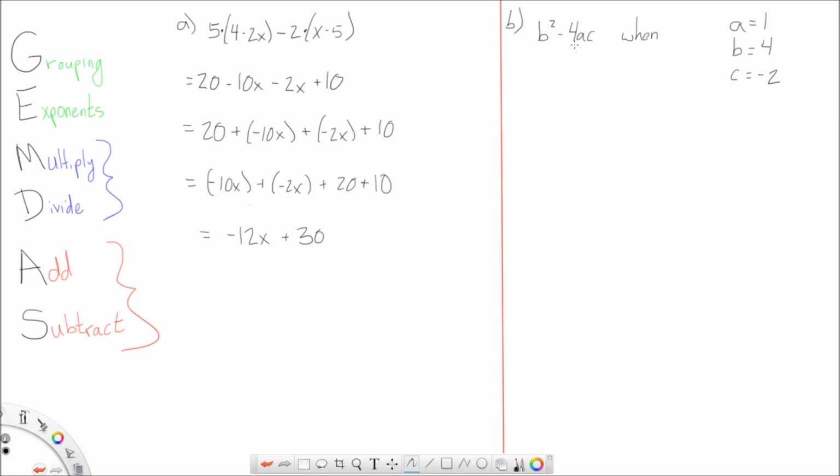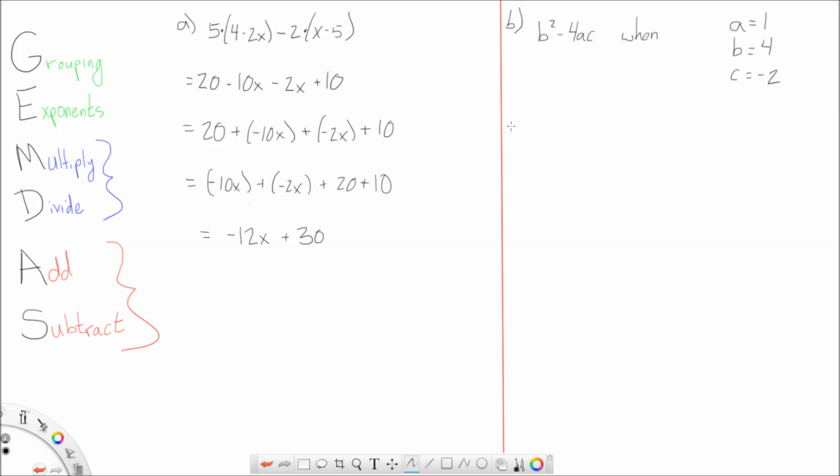Alright. Now something that's really important for the course is finding the value of a variable expression or an algebraic expression with actual value. So we start with this expression here, b squared minus 4ac. This will come up again later. Alright, but we want to know what the value of this expression is when our variables have these values here.